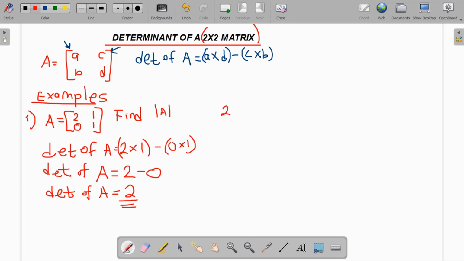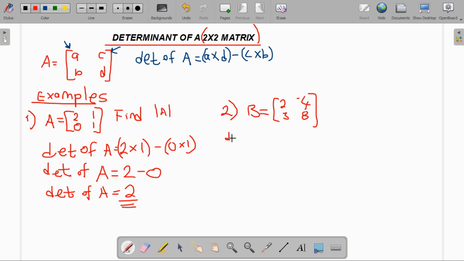Example number 2: we are given B, with elements or entries 2, 3, -4 and 8.